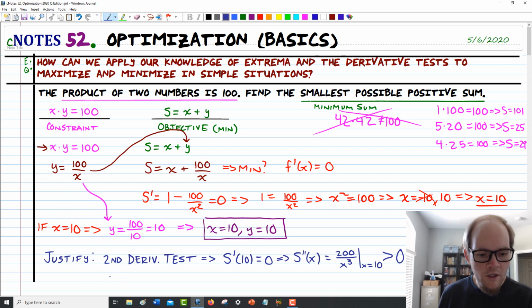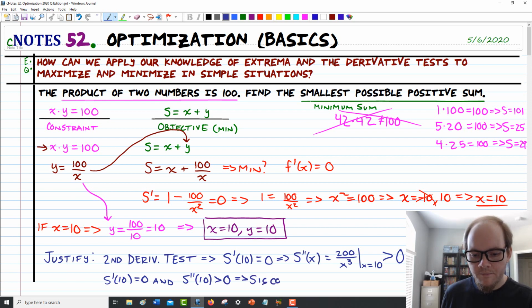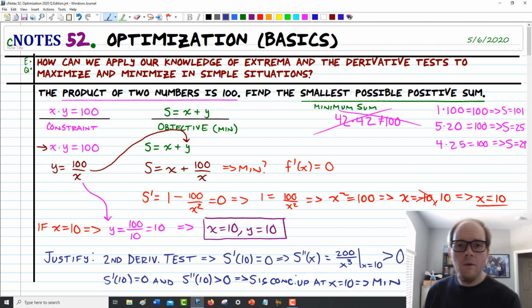So what we've just shown is that s prime of 10 equals 0, and s double prime of 10 is greater than 0, which implies s is concave up at x equals 10, which implies that we did in fact find a minimum.